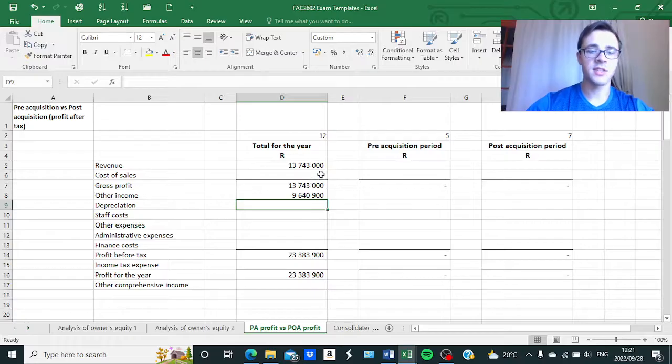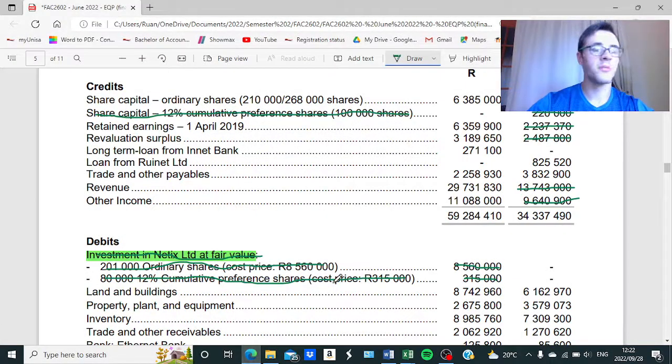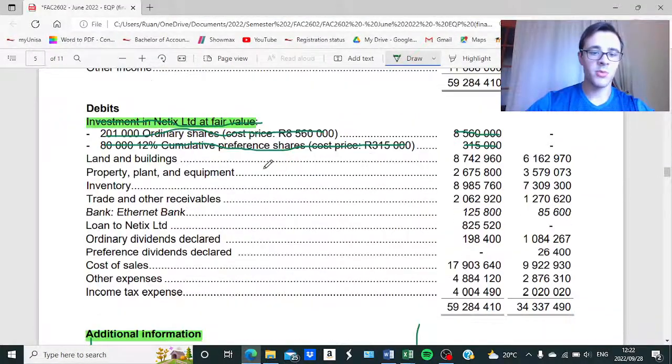As I've also indicated, it is important for you to put these figures down exactly as they appear. Do not lose marks unnecessarily. Okay, so 9,640,900.